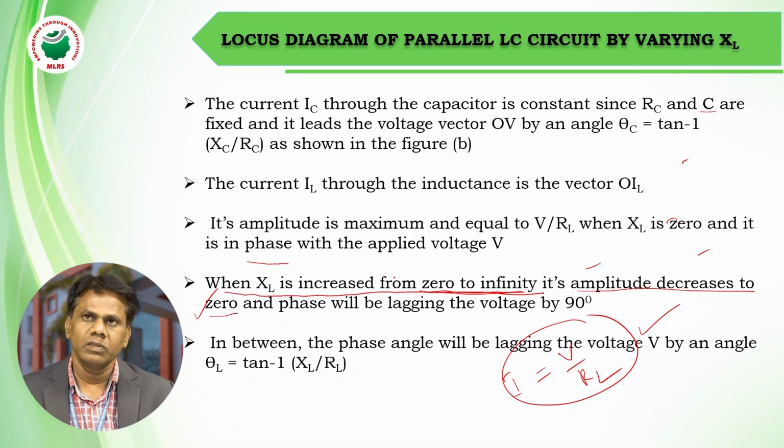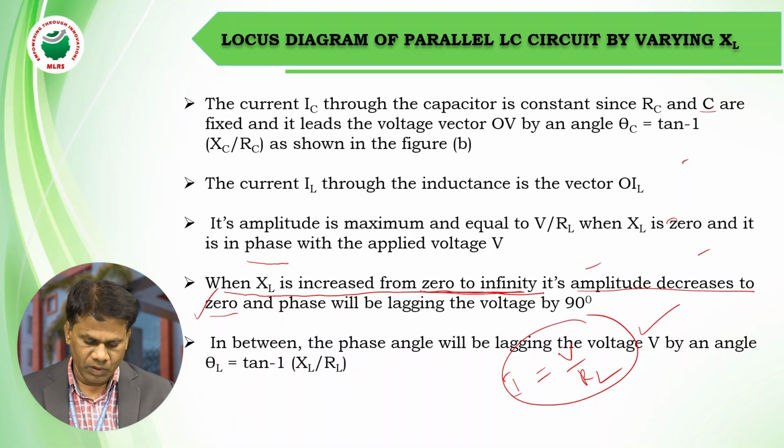This we can also see while drawing the locus diagram. So these are the points you need to remember, because based on these points we are going to draw the locus diagram.